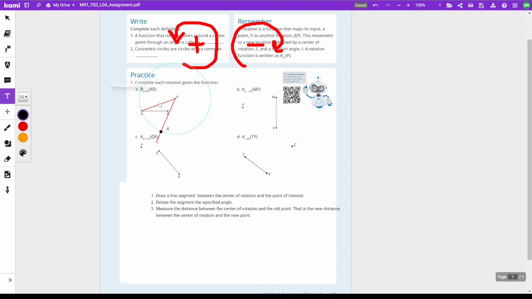And so as you can see, line segment AD was rotated 45 degrees to get A prime. And it traveled in a circular path. Okay, so as you can see, A prime is on the intersection of that circle and the line that we rotated.